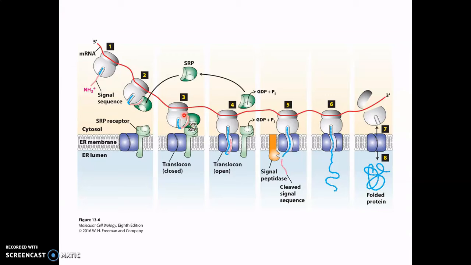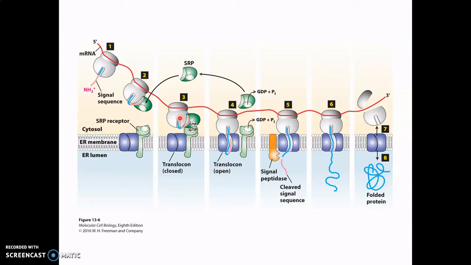Now, what happens is this brings the ribosome in close conjunction with the translocon, and consequently, these GTPs are hydrolyzed and are released. That causes the SRP to fall off. It also disassociates the SRP with the region, and this conjunction also opens the translocon.